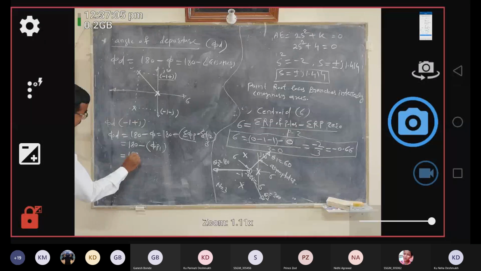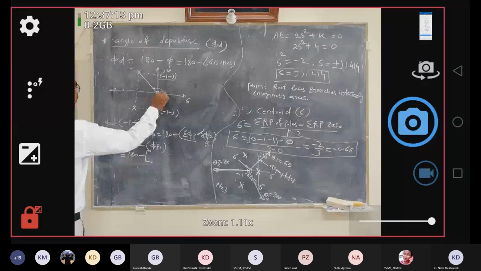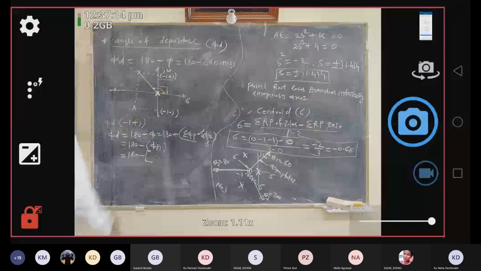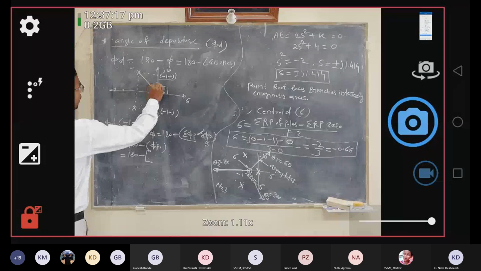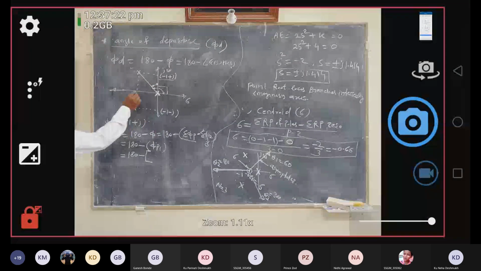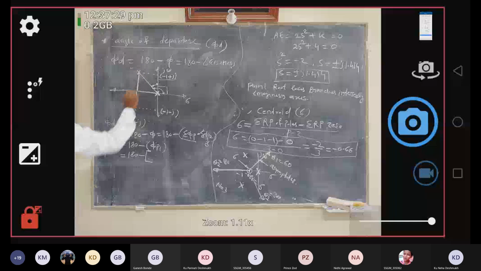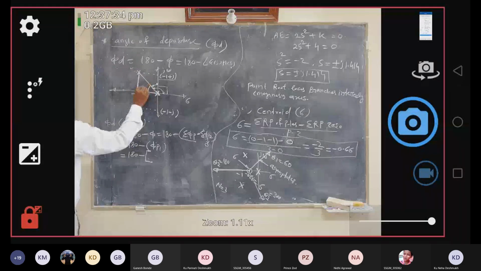How to determine this phi p1? Okay, so can you determine this angle? So this angle is 90, and can you find the value of this angle? This length is, this point is -1, so this length is 1, as well as this length is also 1. So can you find this angle? This could be your phi p1 or say any angle phi.